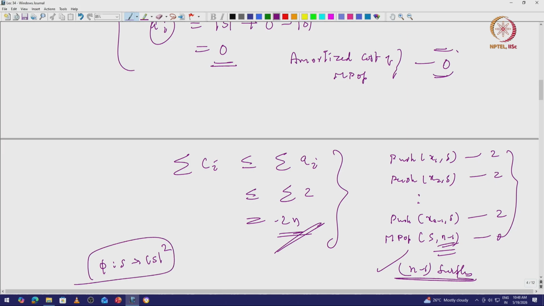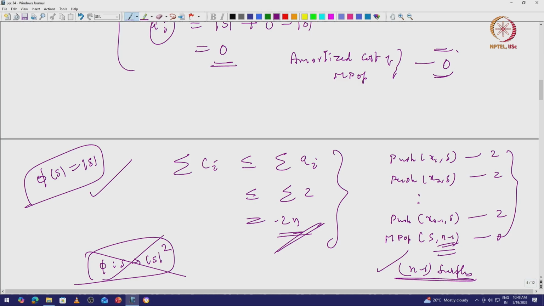For this one also you will get some Ai, those Ai will act as an upper bound, no doubt about it, but the Ai you get with this kind of potential function will not simplify easily, it will be complicated and you may not go anywhere. So, this is not a good potential function, whereas this one has led to a beautiful potential function. Phi of S equal to cardinality of S turned out to be a very nice potential function.